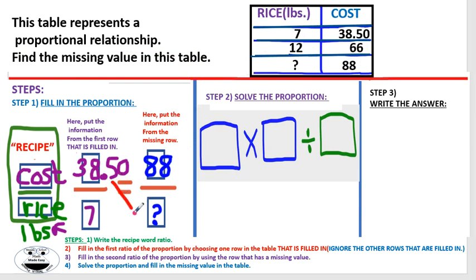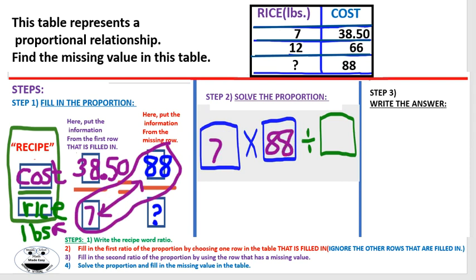This 3850 does not have a number across from it, so I'm not going to use that to multiply. But the 7 and the 88 are across from each other. I'm looking for two numbers across from each other, and the 7 and 88 are. I'm going to circle them to remind me that I have to put them here to multiply.